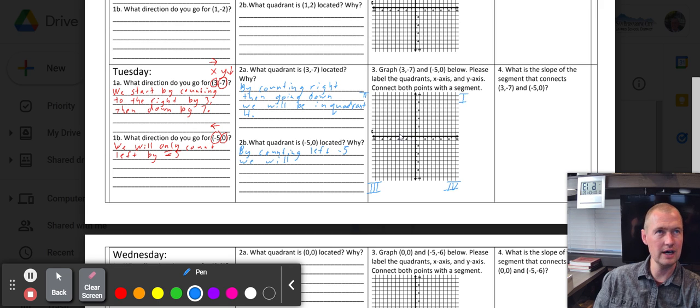So if we count -5, we're going to be between 2 and 3. So it's okay to be between two quadrants. By counting left -5, we will be between quadrant 2 and 3.